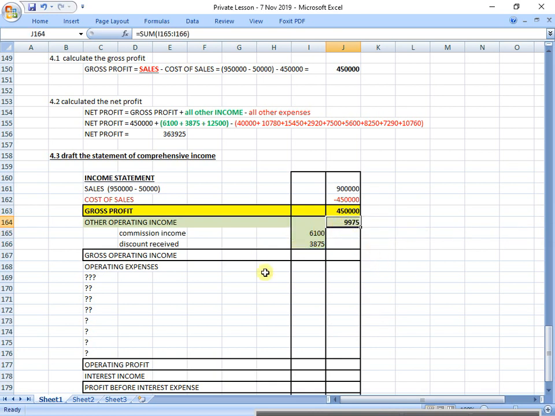Right, they've given you another subtotal. That subtotal comes from here. 450 plus that. So this plus that. Gross operating income.